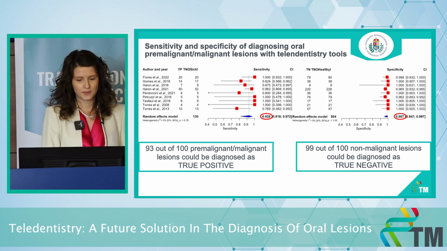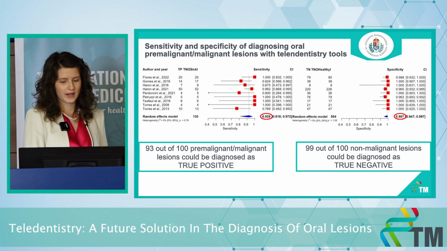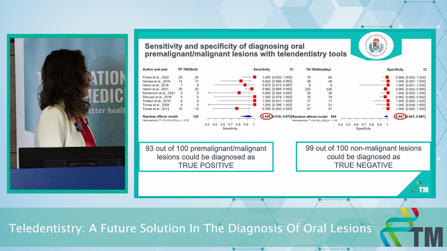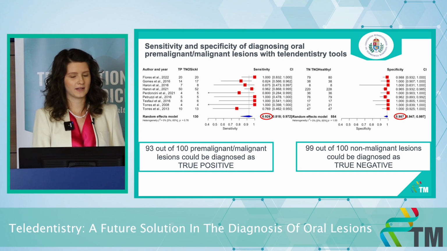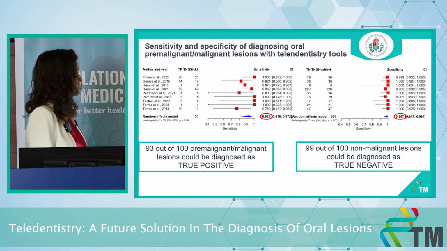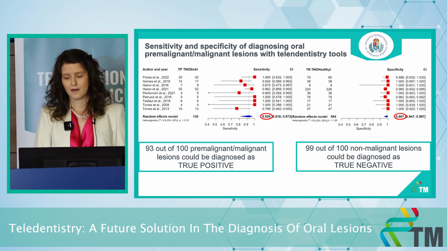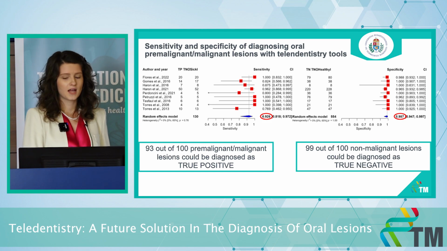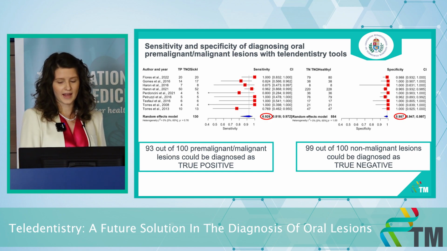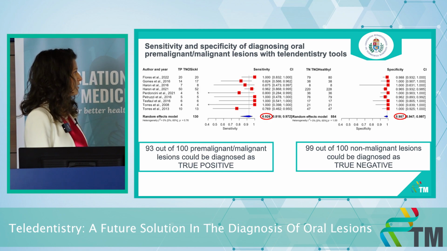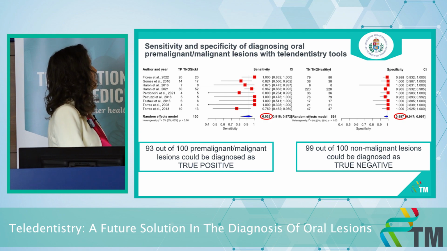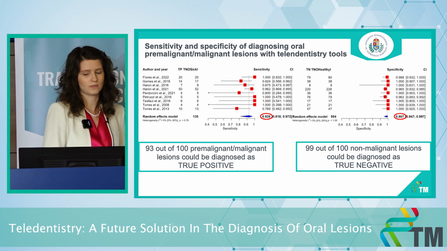As it is on the forest plots as well, a sensitivity of 0.93 means that if we have 100 premalignant or malignant lesions, 93 out of these 100 are well diagnosed as true positive ones. And in case of specificity, 99 lesions out of 100 lesions are diagnosed as true negative. So we can conclude that teledentistry tools are able to differentiate between premalignant or malignant lesions and non-malignant lesions.